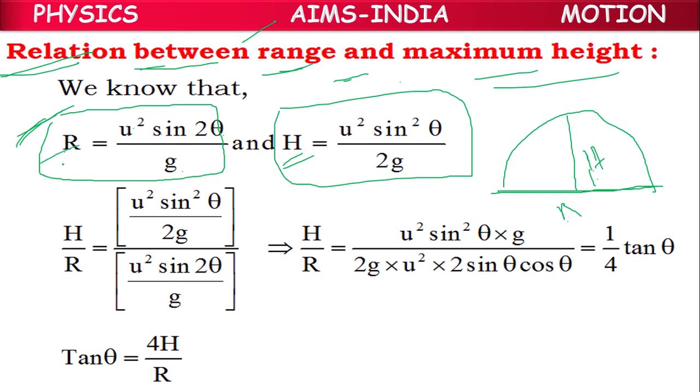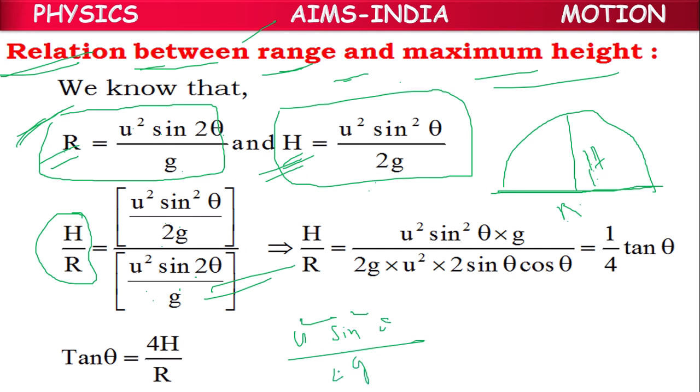We know the formula of R, children, and we know the formula of H. Let's divide them, H by R. In the denominator we again have a fraction, so we can write H as u square sine square theta by 2g.